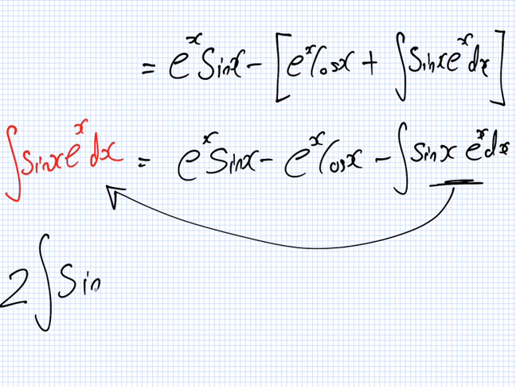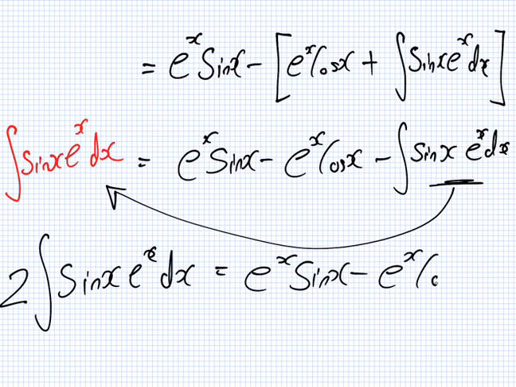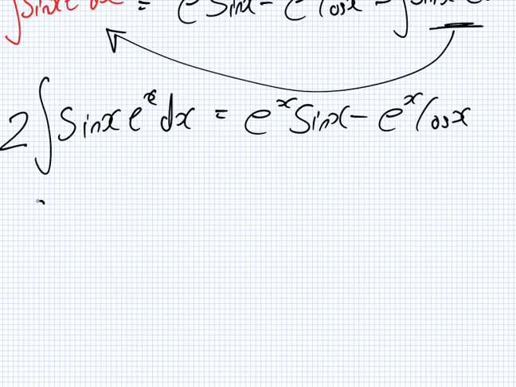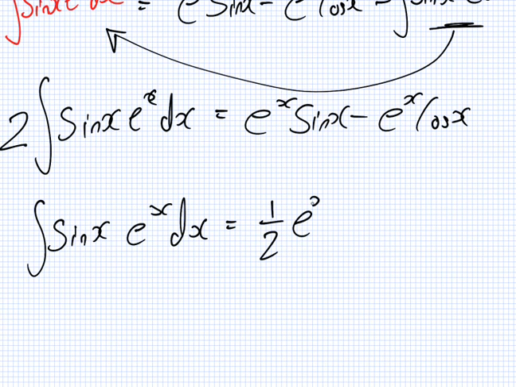2 times the integral of sine x e^x dx equals e^x sine x minus e^x cos x. So if I divide by 2, I get the integral of sine x e^x dx equals a half e^x times sine x minus cos x, plus c.